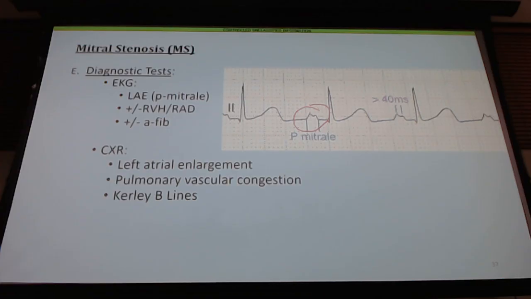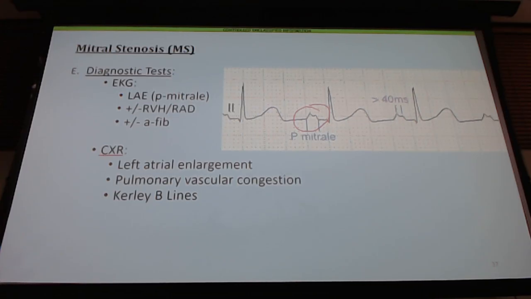If this is bad enough and it starts to affect the right heart structures, then you might start to appreciate a right ventricular hypertrophy or a right atrial enlargement or a right axis deviation associated with it. So these are the kinds of things that you might see on your EKG.